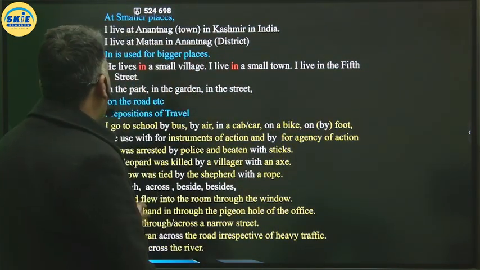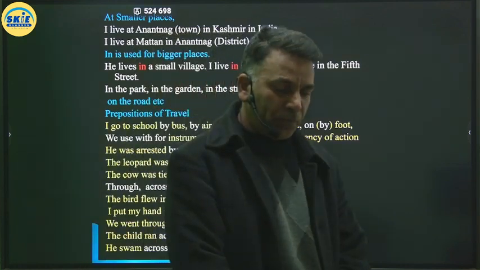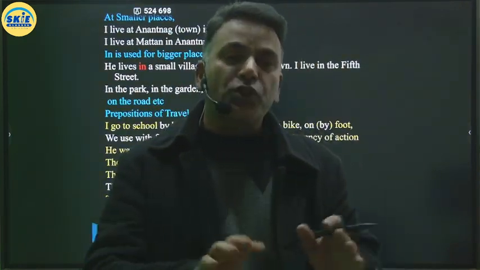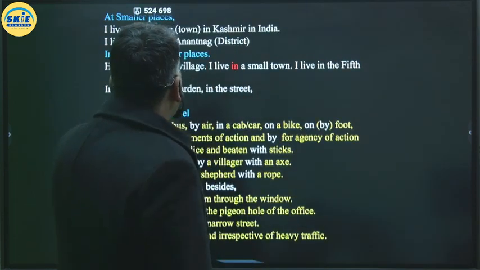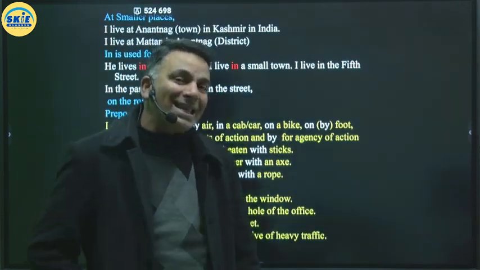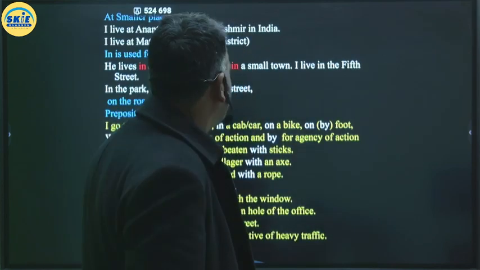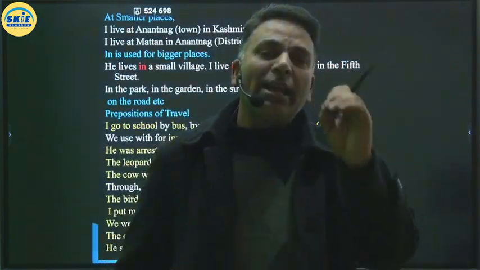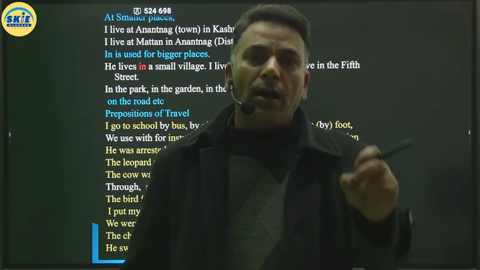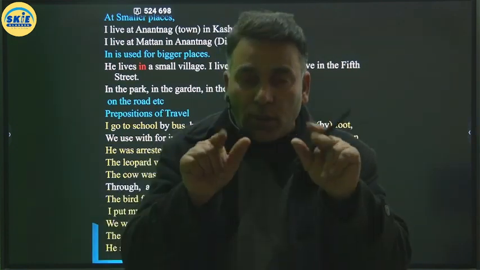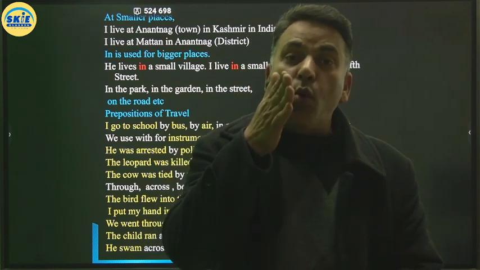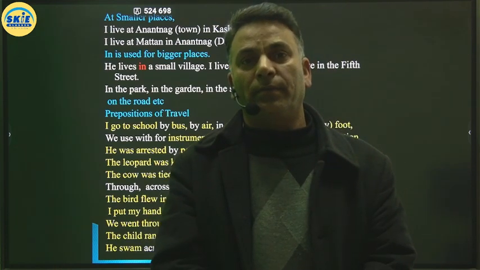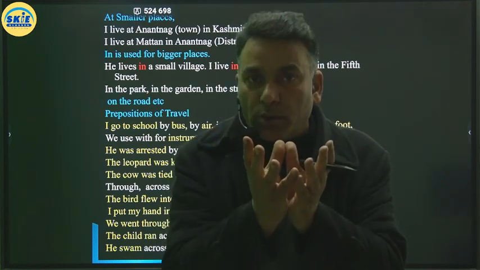Alright. We also use, when it comes to places, when we talk about places, we use at for smaller places. For example, I say, I live at Anantnag. If I take the small township Anantnag into consideration, I'd say I live at Anantnag because it's a smaller town, right?